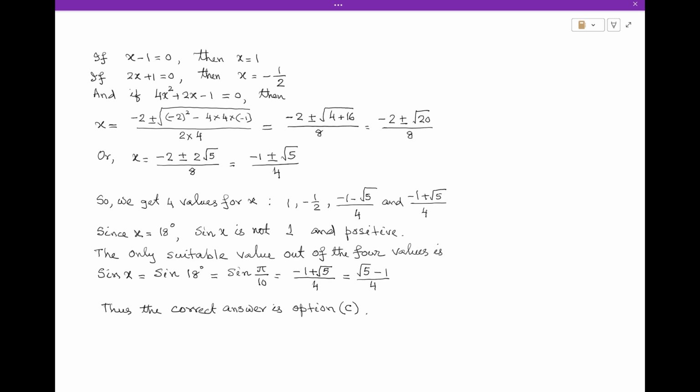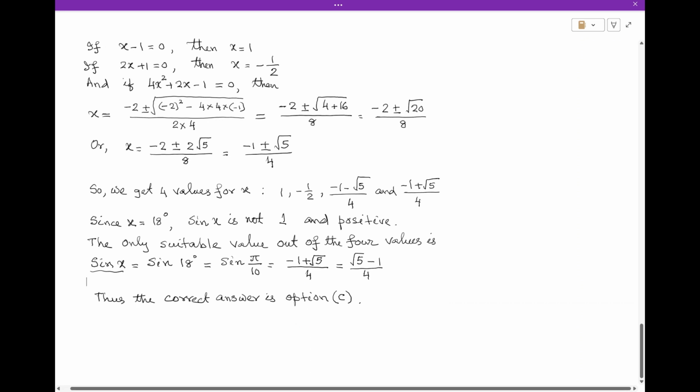Therefore, the only suitable value of the 4 is: sin x is equal to sin 18 degrees, is equal to sin pi by 10, is equal to minus 1 plus square root of 5 divided by 4, or square root of 5 minus 1 divided by 4. Therefore, the correct answer is option C.